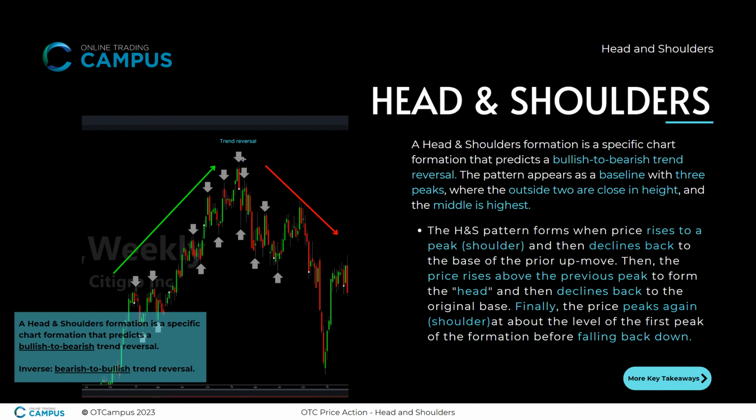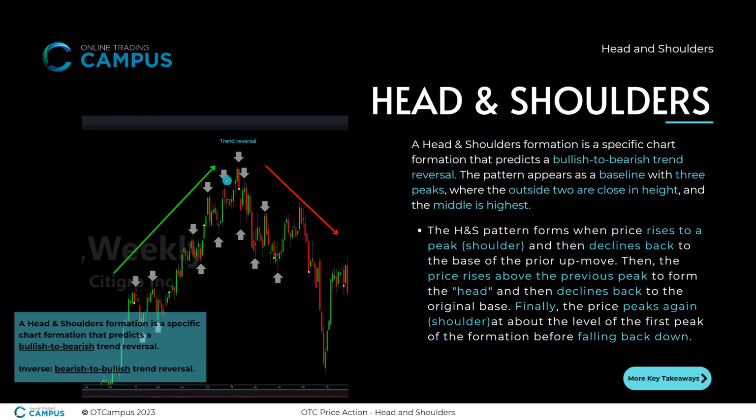That's how the head and shoulders pattern forms. It forms when price rises to a peak. We're in an uptrend here, rises to a peak. We create a shoulder and then it declines back to the base of the prior up move. Then the price rises above the previous peak.